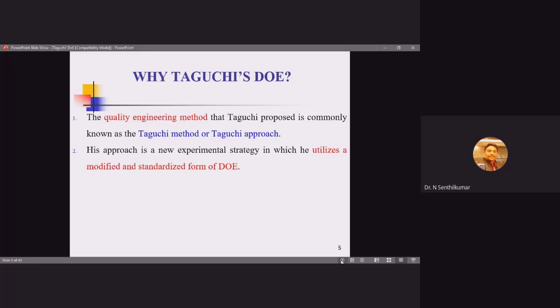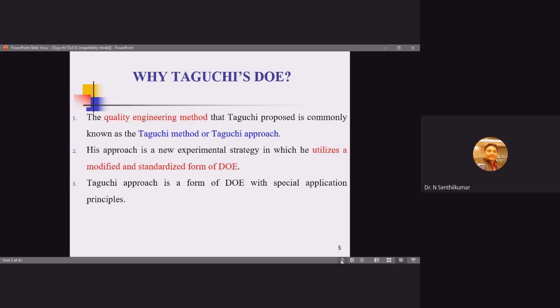I have three parameters, X, Y, and Z. First I change only one parameter, then two parameters simultaneously, then three parameters simultaneously. That is called the combinatory effect, or we can also call it the interaction effect. These kinds of interaction effects can also be studied using this DOE technique.